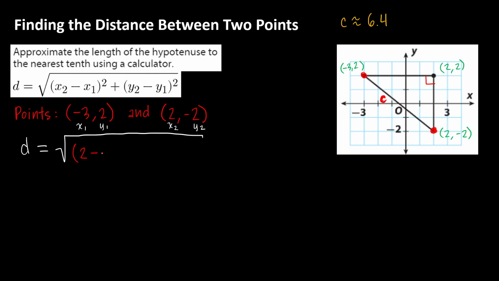So 2 minus -3 squared, plus, and then looking back up at the formula, y2 minus y1 squared. I know that y2 is -2 minus y1, and y1 is +2. So -2 minus 2 squared.